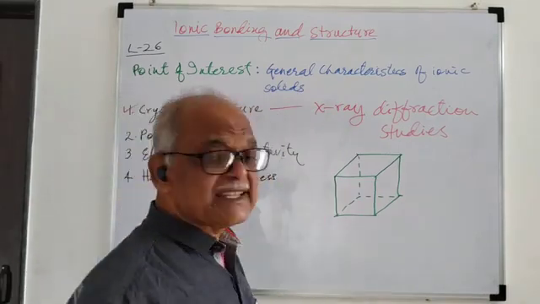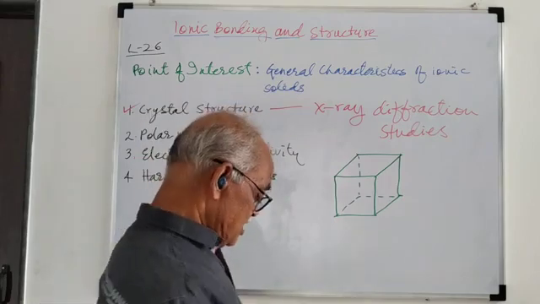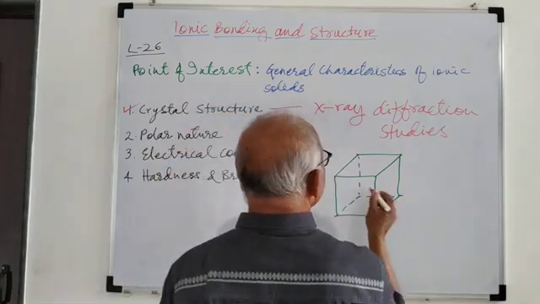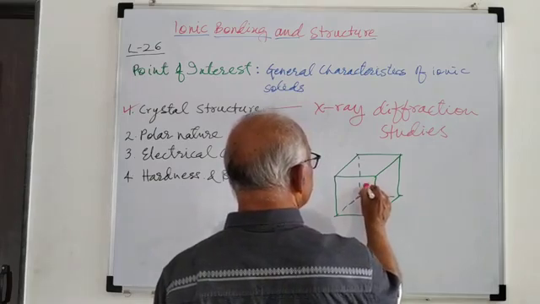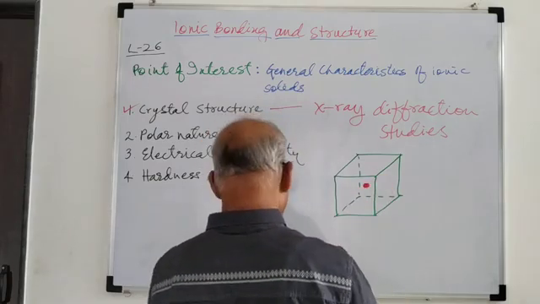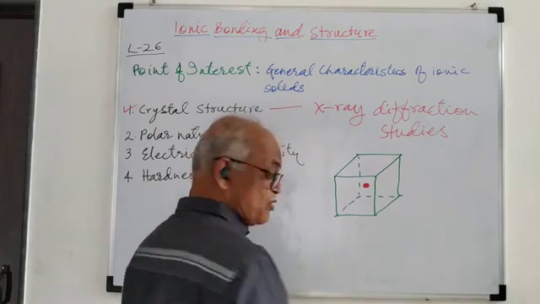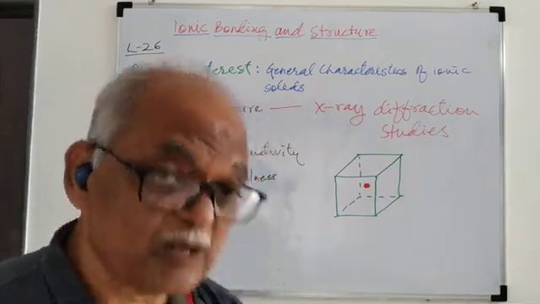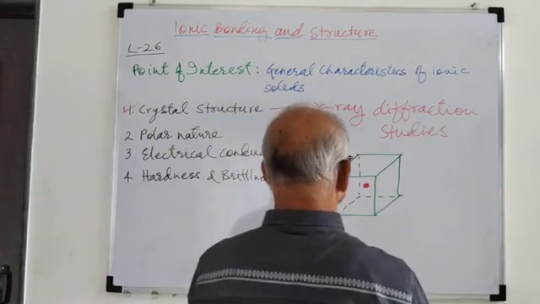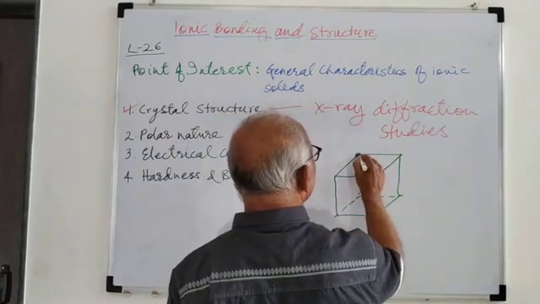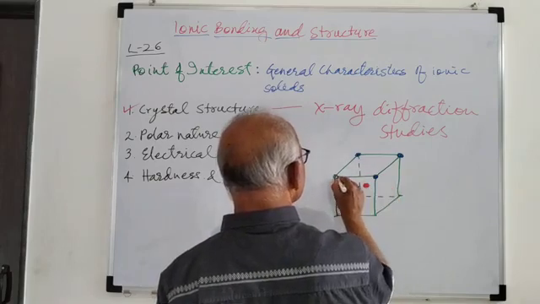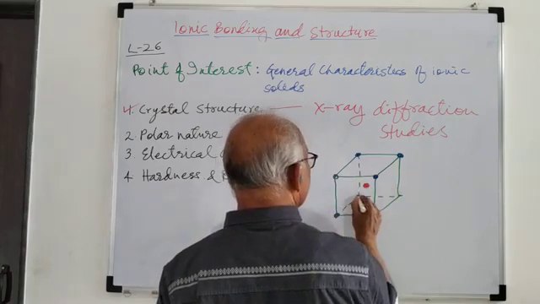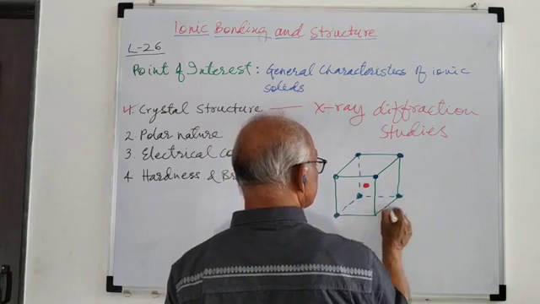So this is a simple cubic structure. Here we can find that there is one atom present at the center. Then there are other atoms occupying the corner positions. These are the corner positions occupied by oppositely charged ions.